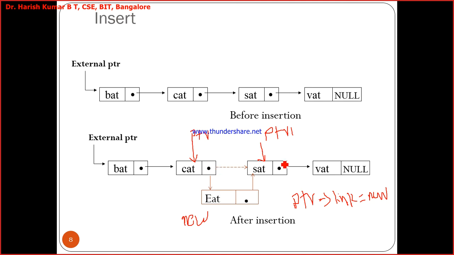Once the address of this node is stored here, this link is broken. That means from this node you cannot reach this. Next, the address of this node should be stored here. Now how to do that?